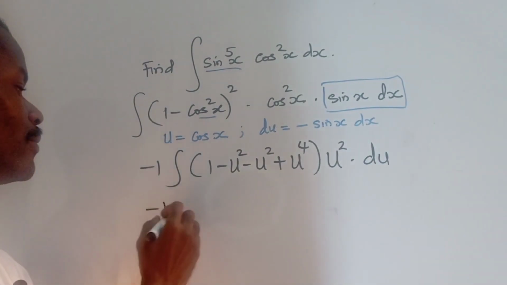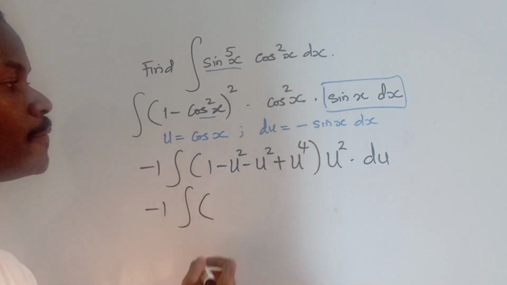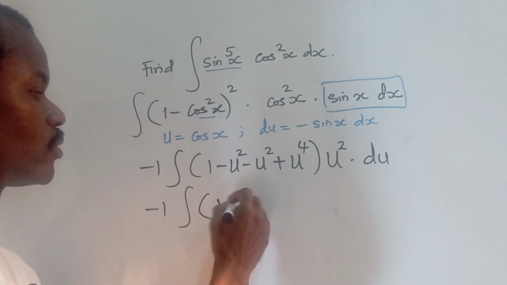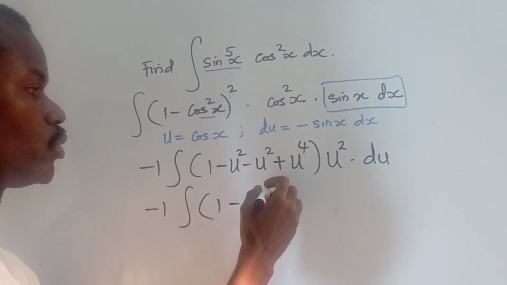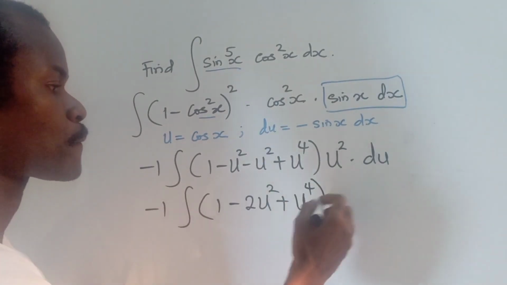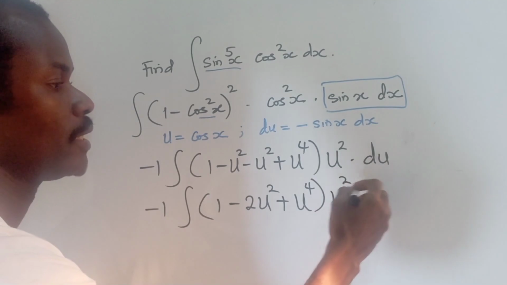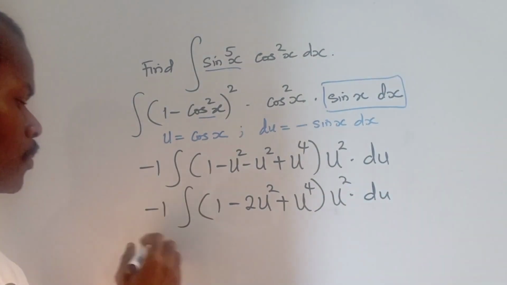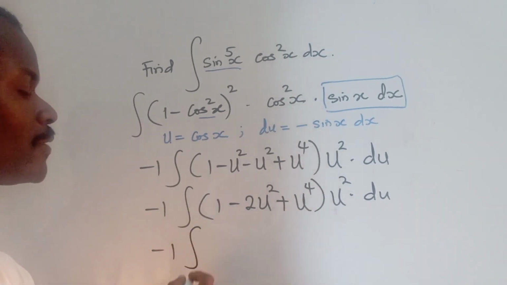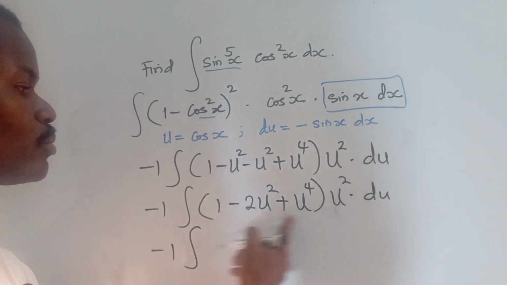All right, so with this we can now further simplify. We have negative 1 out there, integral of, so we have 1. Now minus u squared is going to give us minus 2u squared plus u to the power of 4, and u squared du. So this is going to give us negative 1, the integral of this is going to multiply all this.